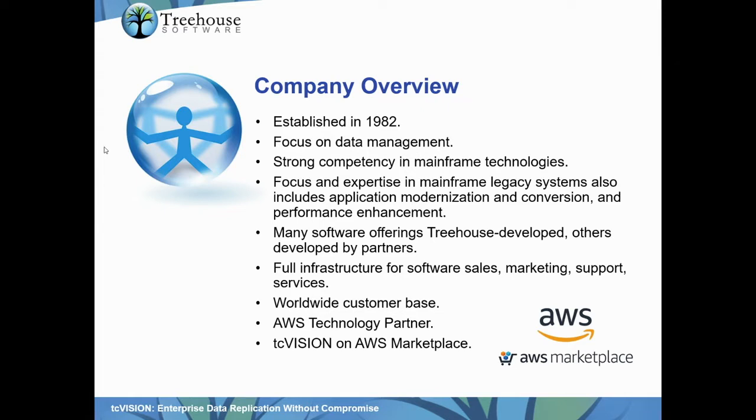Our deep mainframe experience is our primary differentiator from the competition, and we developed active partnerships with all the most popular cloud providers and large systems integrators. Finally, we are an AWS technology partner, and you'll find our tcVISION product in the AWS marketplace.